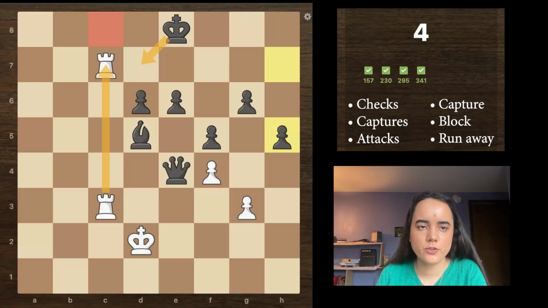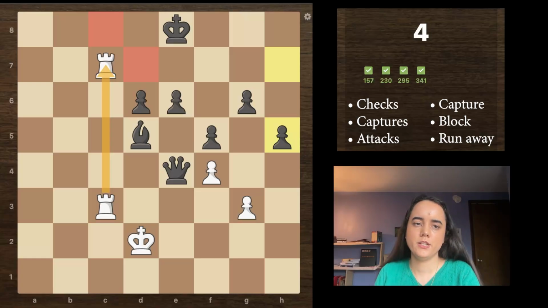So there's also this check and this check. Now, if we move the rook here and the king was here, the king could just take. Okay, so the rook's here, the king's here. Oh, okay, so let's look at this move.